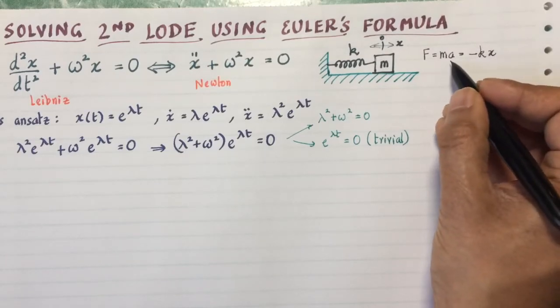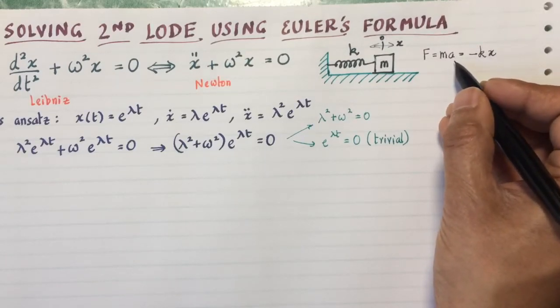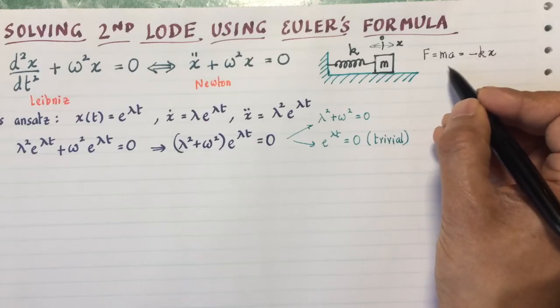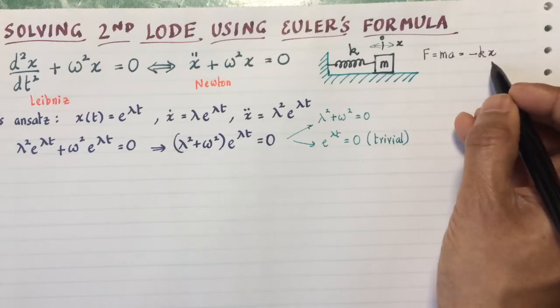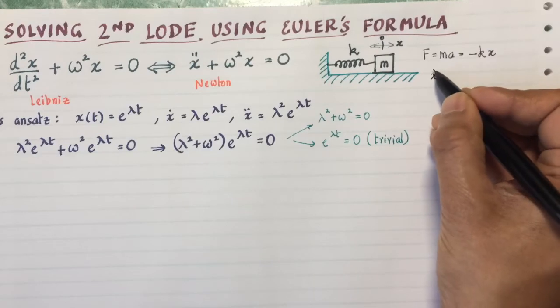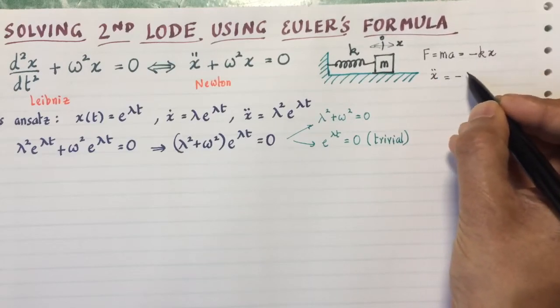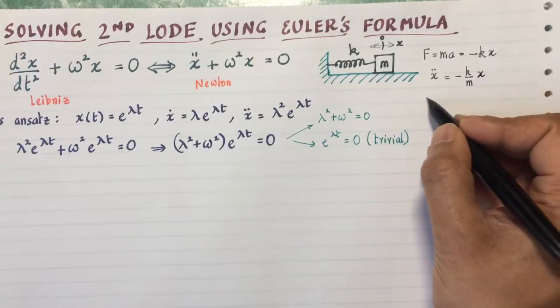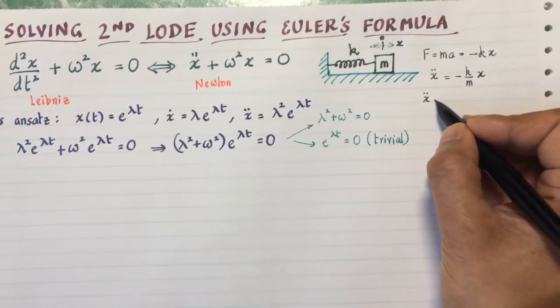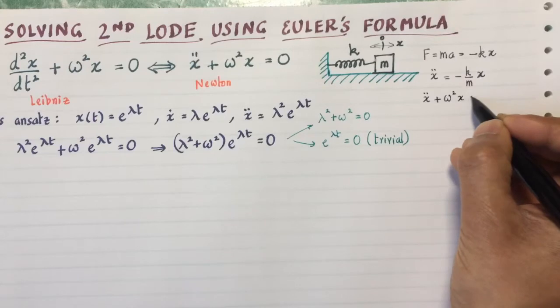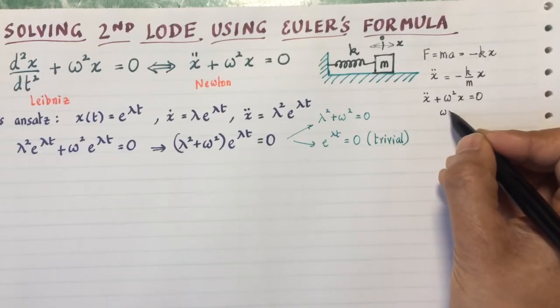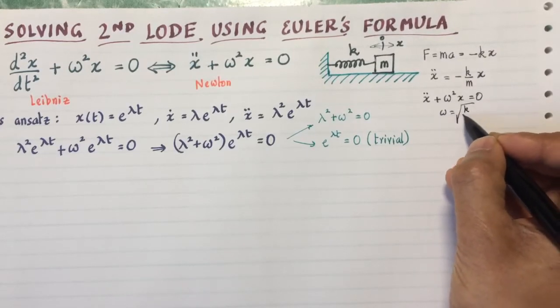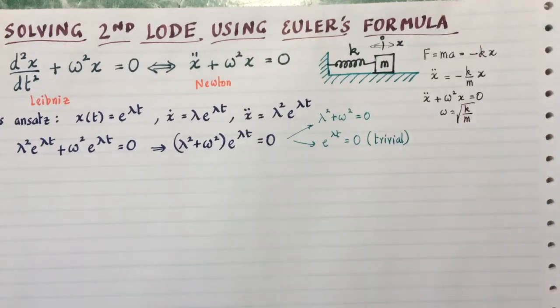So if you write down that acceleration is the second derivative of position, I'll transfer the m over to the other side, so I get x double dot equals minus k over m x, and then if I bring everything to one side, I get x double dot plus omega squared x equal to 0. So that omega is actually something like the square root of the spring constant divided by the mass of the object in this example.